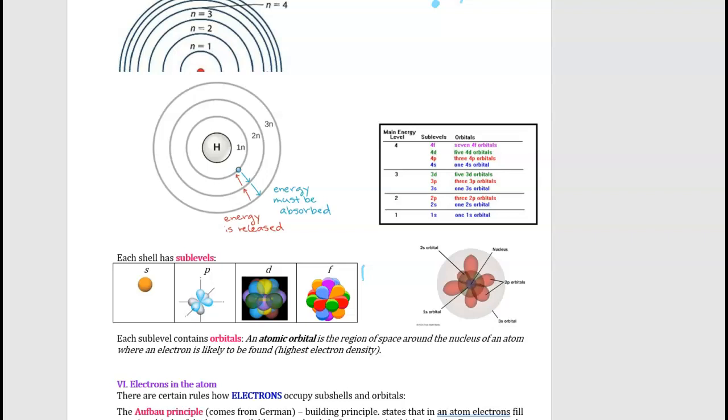Electrons orbit around the nucleus, but not like planets orbit around the sun. That's not the case. Electrons are not in well-defined circular or elliptical orbits. In fact, at any given point in time, it's not necessarily exactly here or there. It can be everywhere.